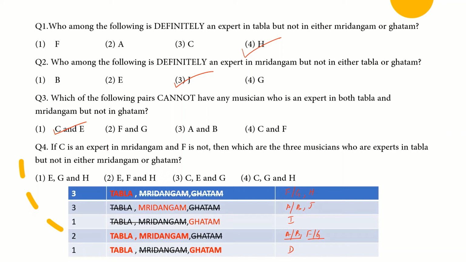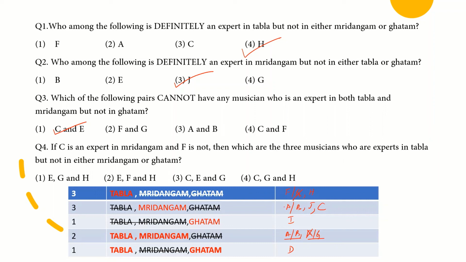If C is an expert in mridangam and F is not, and F is not in mridangam, okay, so that means F is a wonderful tabla player. So F and H. Now let's then see which are the three musicians who are experts in tabla?